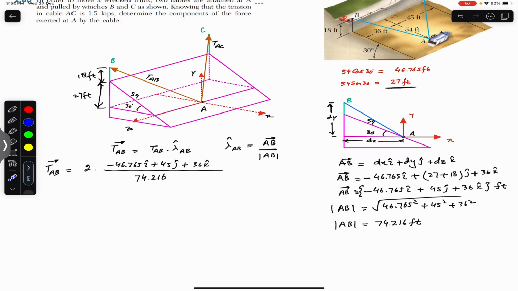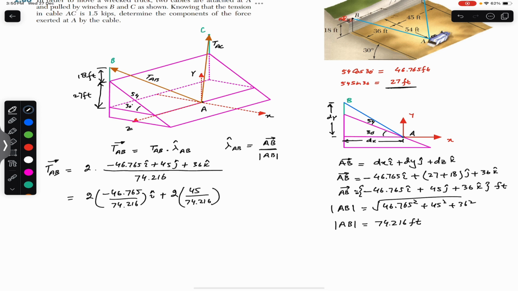Now we can write that this will be 2 into minus 46.765 divided by 74.216 i plus 2 into 45 divided by 74.216 j plus 2 into 36 divided by 74.216 k.